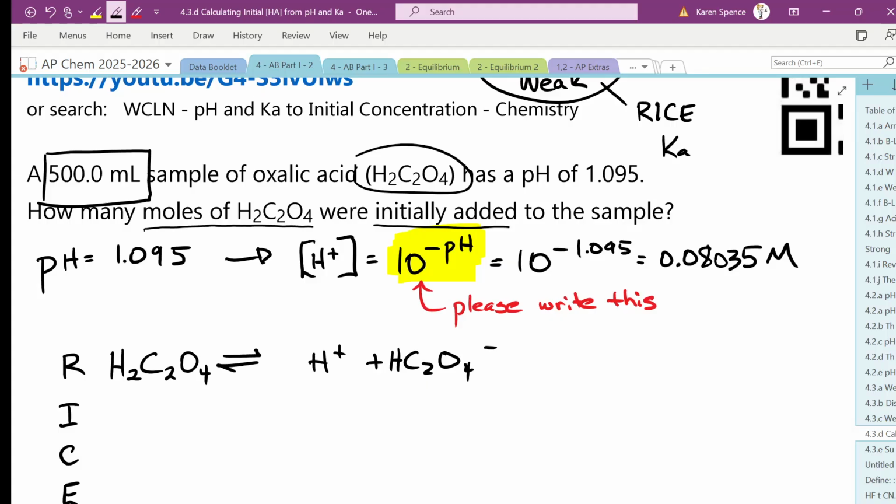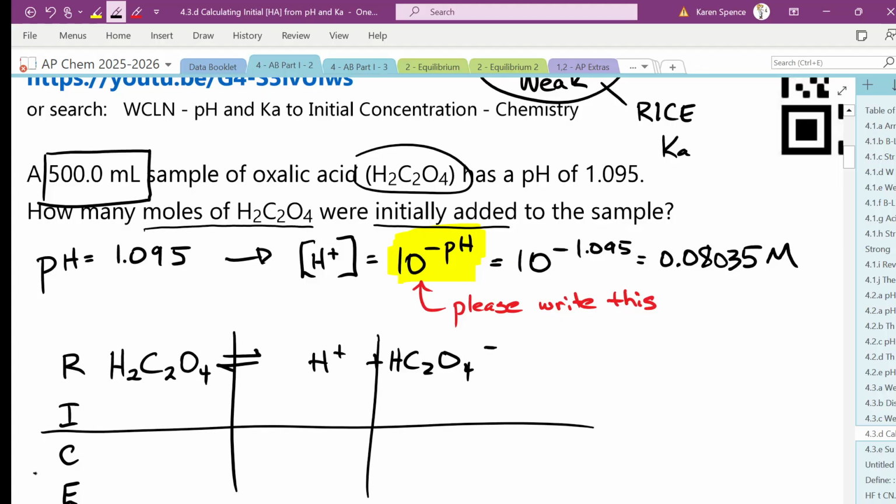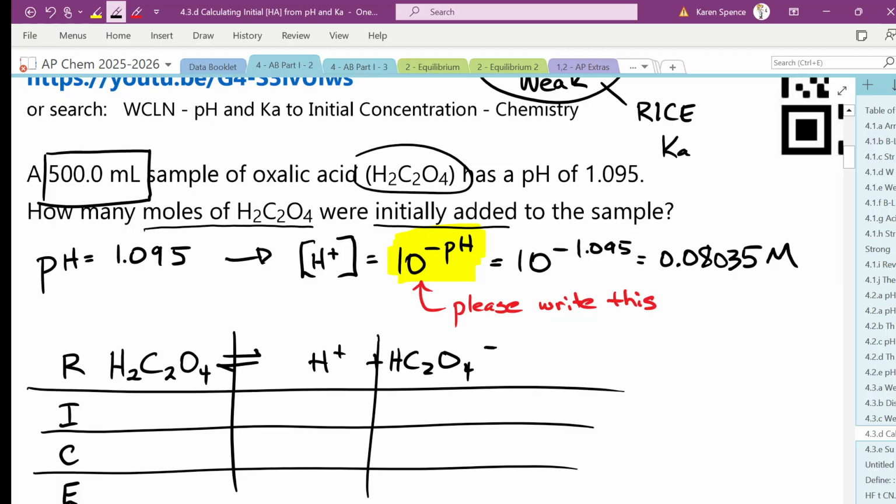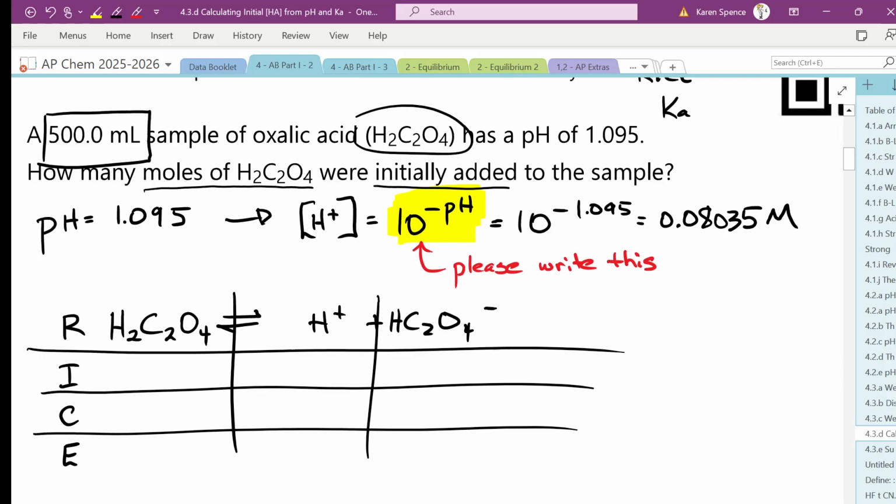What do we actually know in this table? The concentration of hydrogen. Is that initial or equilibrium? Equilibrium. Do we know anything else?